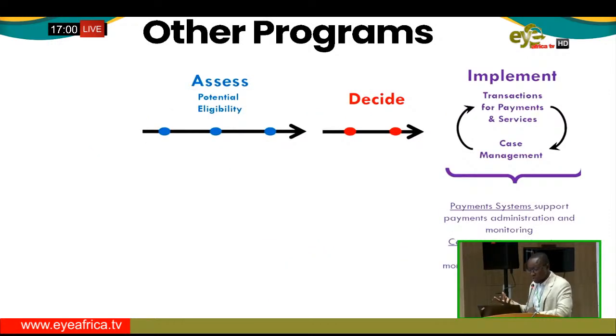There are also other systems maintained at the level of implementation, and these include case management systems as well as payment systems. Now we are increasingly becoming digital, and even in the Gambia, we are trying to develop digital systems of payment to beneficiaries.